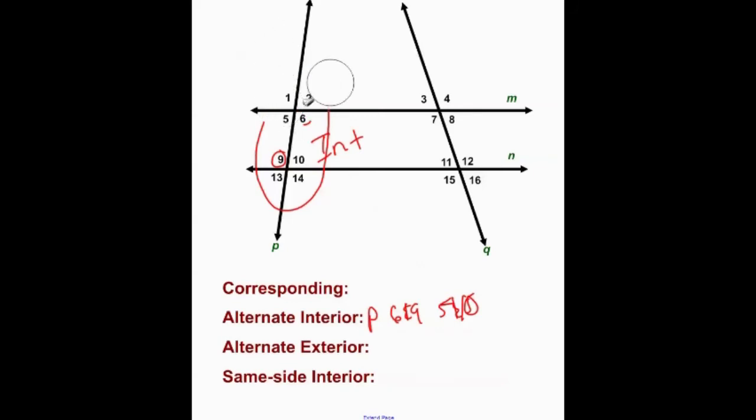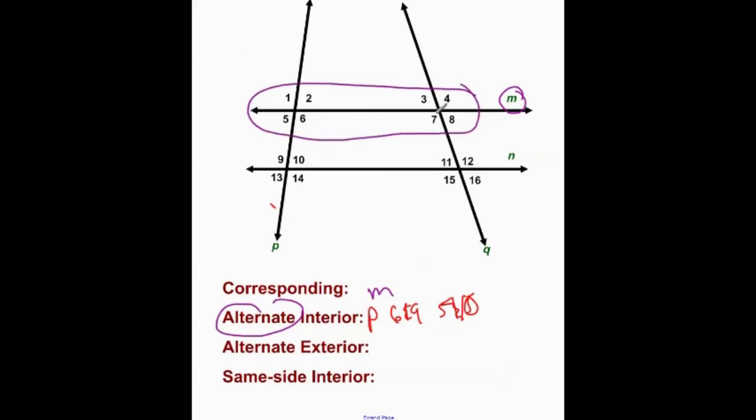Let's take a look at another transversal. Let's take a look at transversal M, and we're looking at this guy right here. Transversal M means these angles right here, this angle group and that angle group, alternate interior. This is still the interior right here.